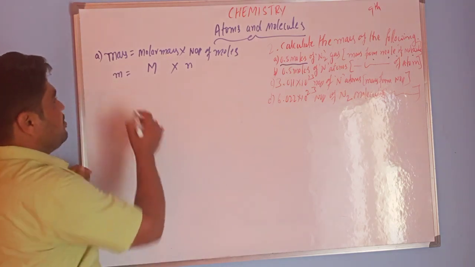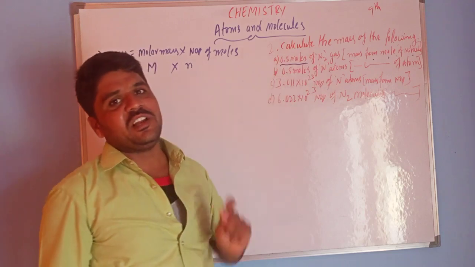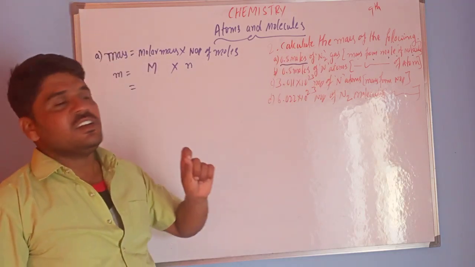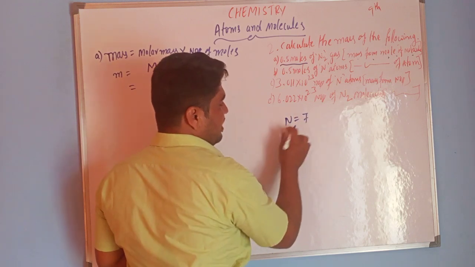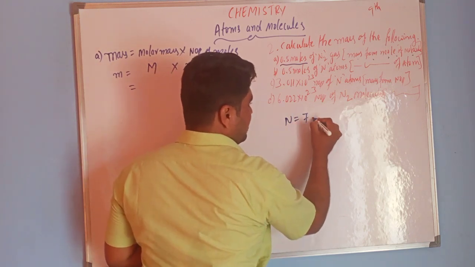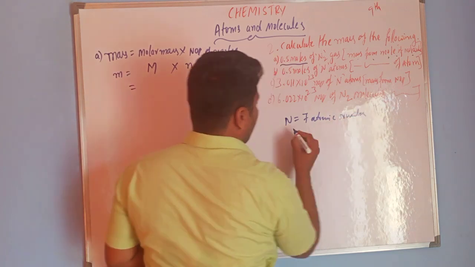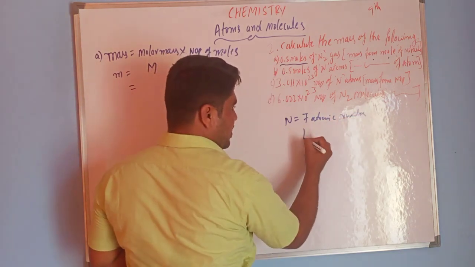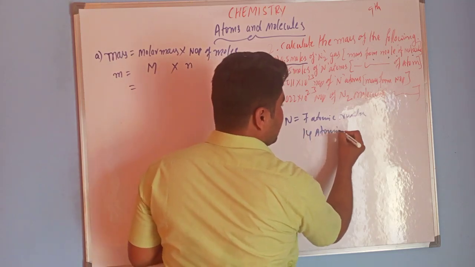Substitute the values. Molar mass of the N2 molecule: for single N, the atomic number is 7 and the atomic mass is 14.